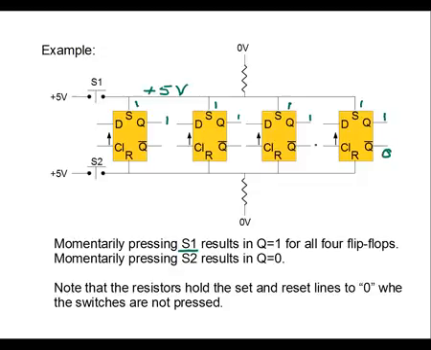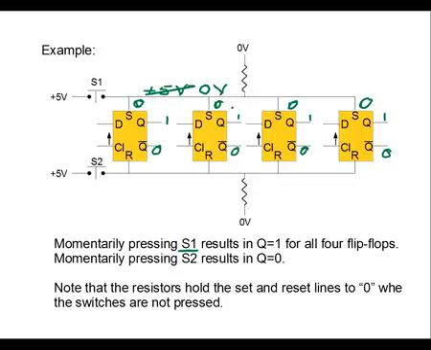Of course, the Q bars will follow as 0 because they are the opposite of Q. So after we push this button S1, this becomes 5 volts, and then it goes into each of the 4 flip-flops to that state. Now, let's suppose that we let the button up. This now becomes 0 volts because we're no longer connected to 5. This becomes 0, 0, 0, 0. But guess what? The states are still 1, so Q is still 1 in each of these 4 flip-flops. So we can see how to set it.